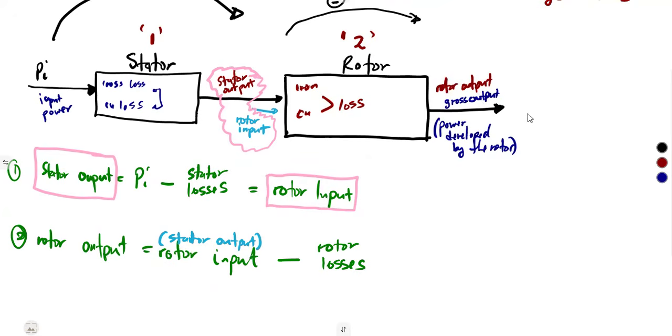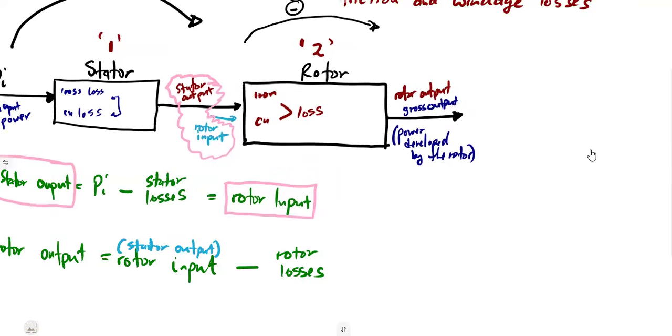So as we are moving out from the rotor, we can be affected by the bearings, which have friction. And windage loss is the one I was talking about before.